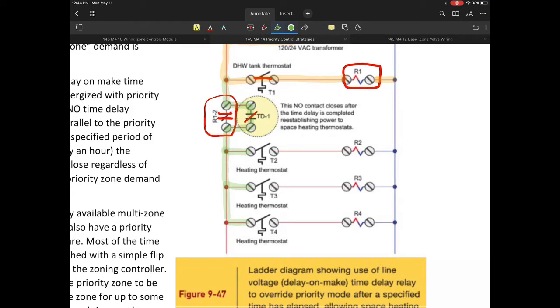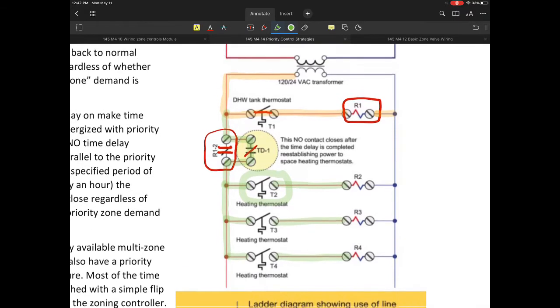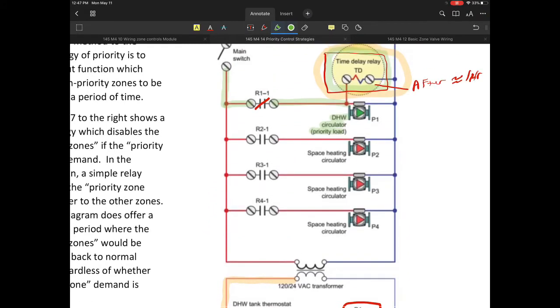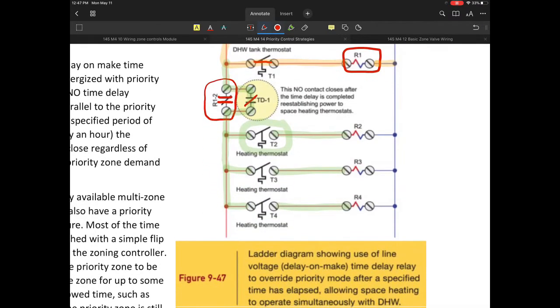and that will allow the low voltage side of our circuit to take power and pass it through the circuit. Essentially, in parallel with R1-2, we're going to now feed T1 or T2, T3, T4, and so on. All of these other circuits are now allowed to function if they want heat. If any one of these wants heat, they can energize R2, 3, or 4.